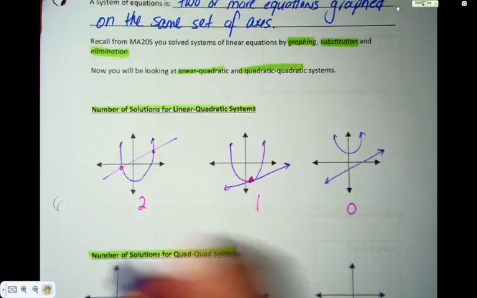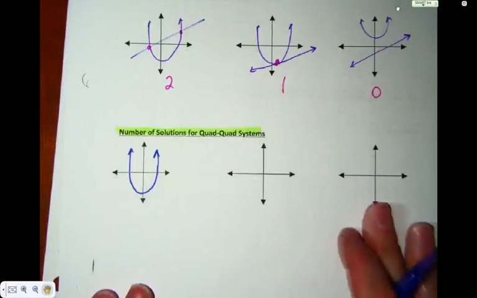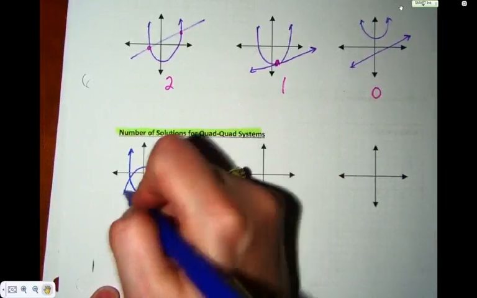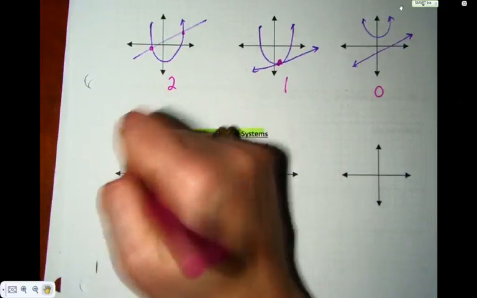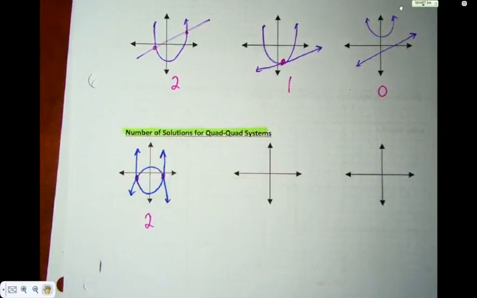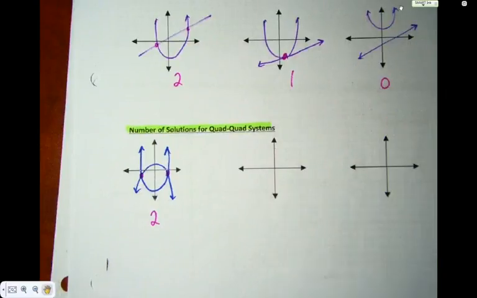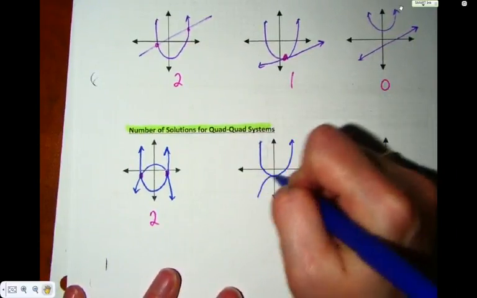Quadratic, quadratic. Parabola, parabola.